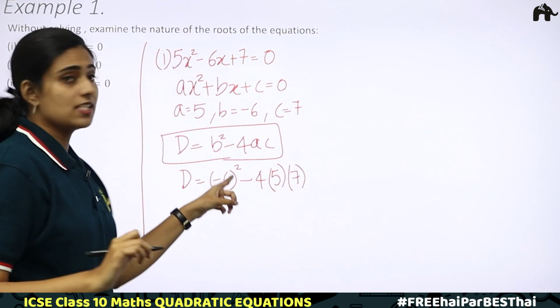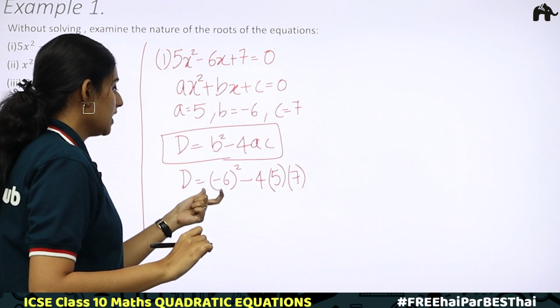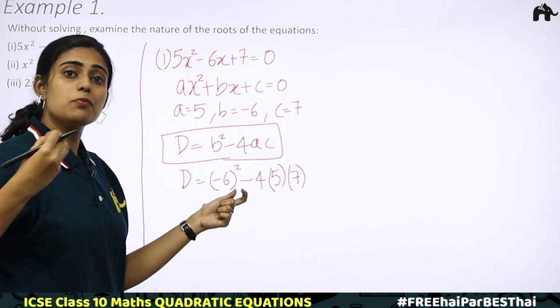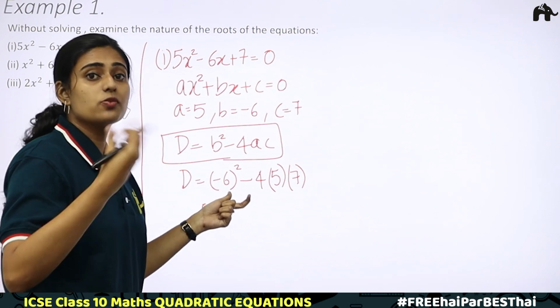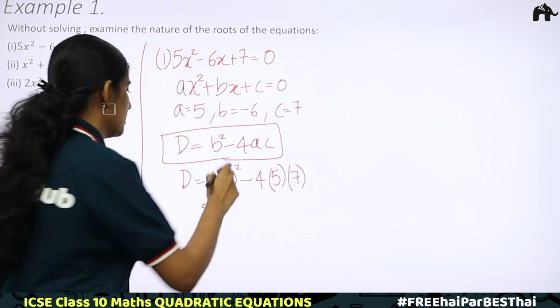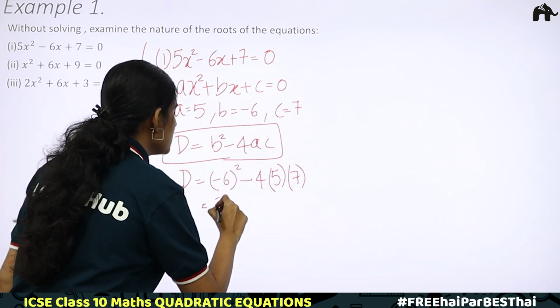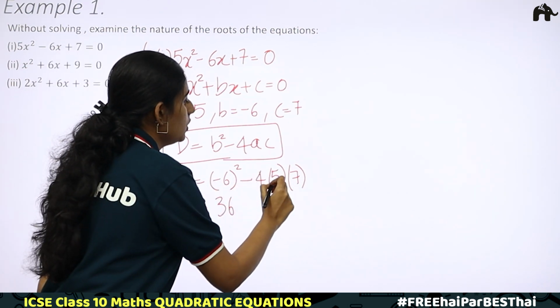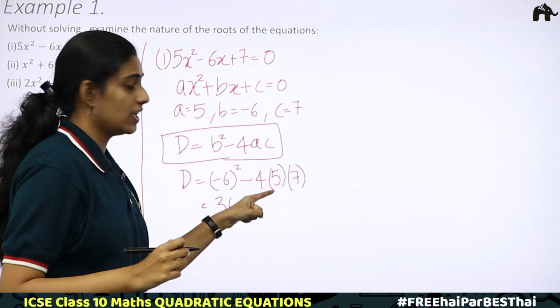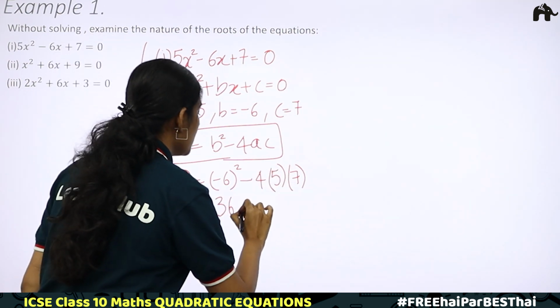What is minus 6 square? Minus 6 square is 36. Even positive 6 square is 36. For a negative number, when you square it, you will be getting a positive number. Minus 6 square is plus 36, minus 4 into 5, that is 20. 20 into 7 is 140.